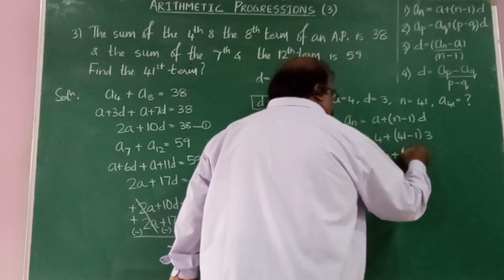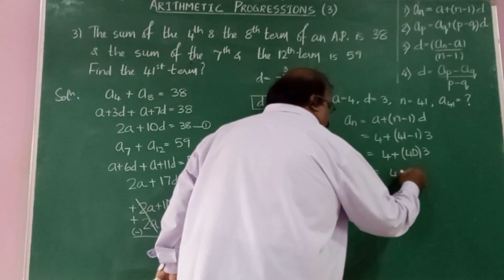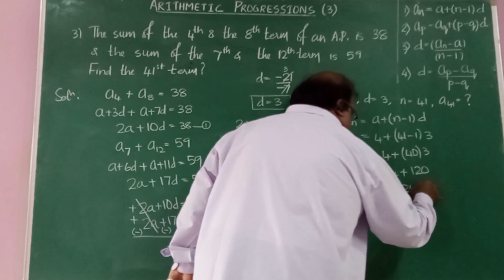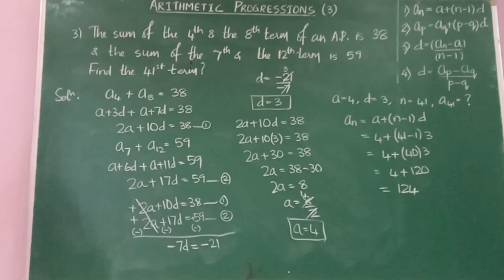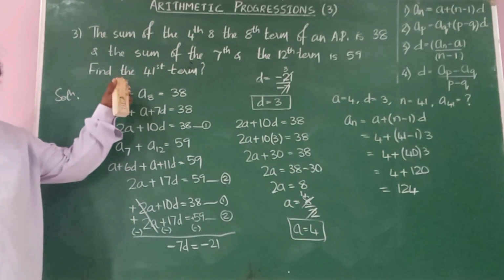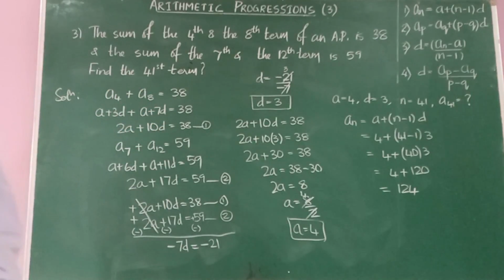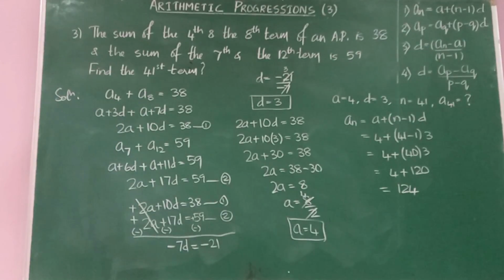So 4 plus 40 into 3. 4 3s are 12, so 120. So I get my answer. Find the 41st term. So the 41st term of the given arithmetic progression is 124.